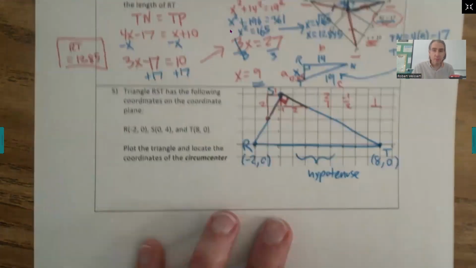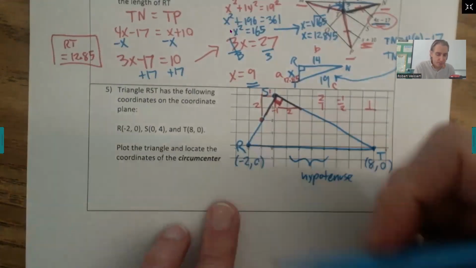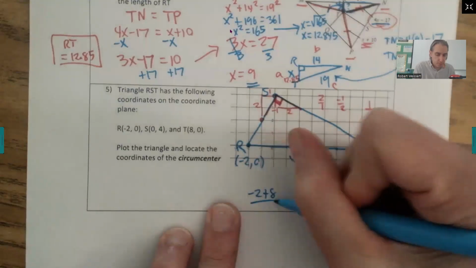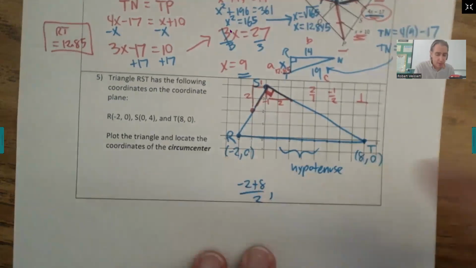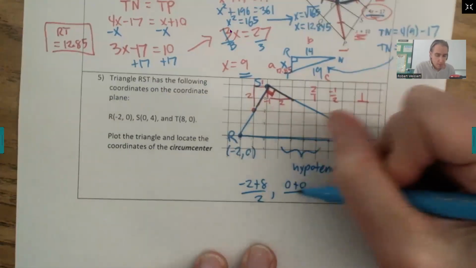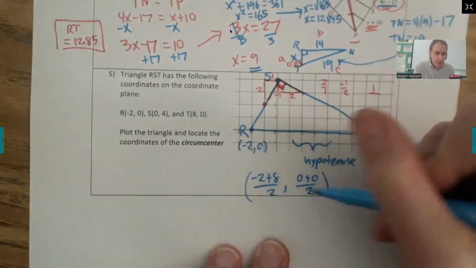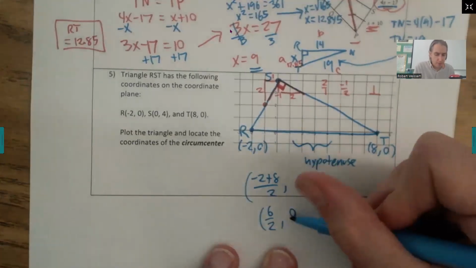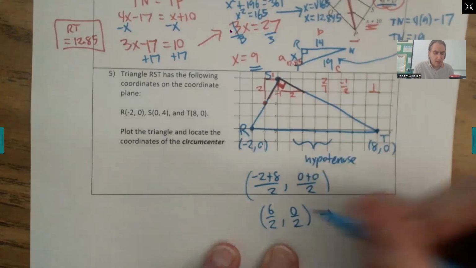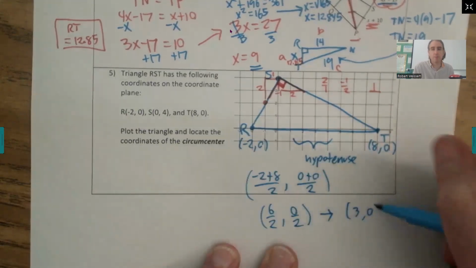We have -2, 0 and 8, 0. And to get that midpoint, we're going to add these two up together and divide by 2, and add the y's together. And that's going to be 6 divided by 2, comma, 0 divided by 2, which actually ends up being 3, 0.